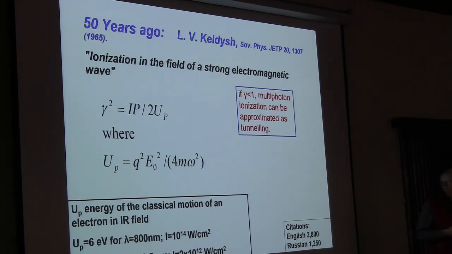And in this paper, he said, if I were to think about using strong electromagnetic infrared pulses, long wavelength, well, he actually does it with many frequencies, but infrared is the most interesting here.